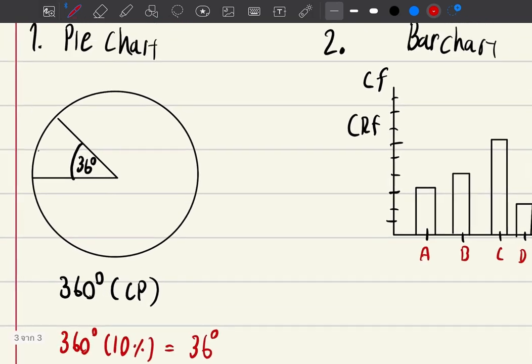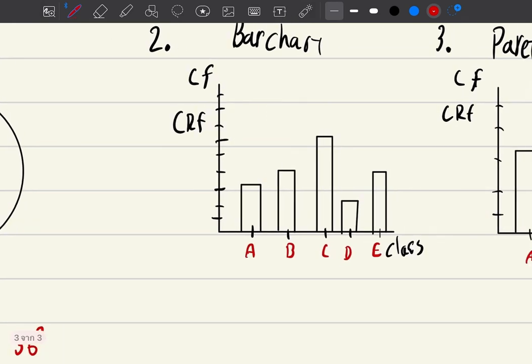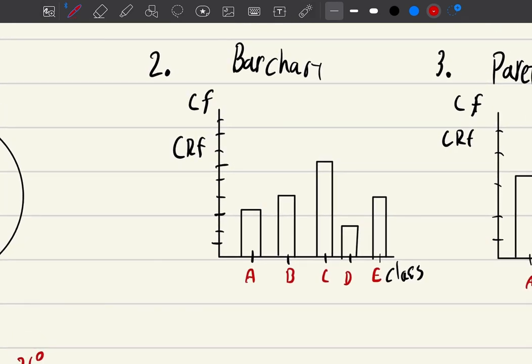Okay, let's move on to the next one, which is the bar chart. The bar chart is the chart that represents class frequency, class relative frequency, or class percentage. Also, the height of the chart is going to represent any of these three, and the horizontal line is going to be the class.